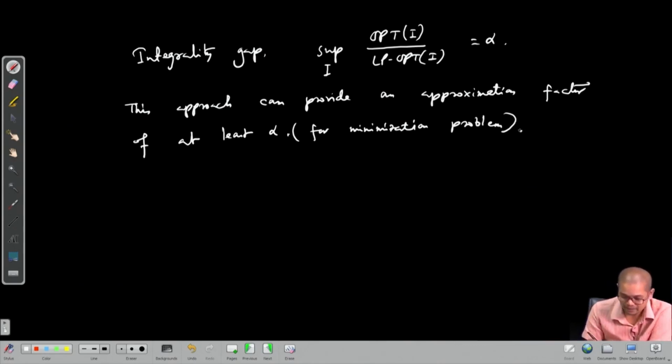The second approach is to use the primal dual approach for designing or analyzing combinatorial algorithms.